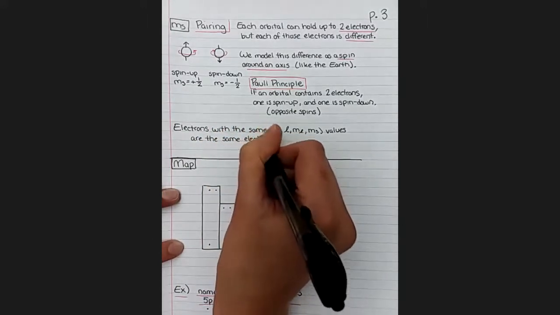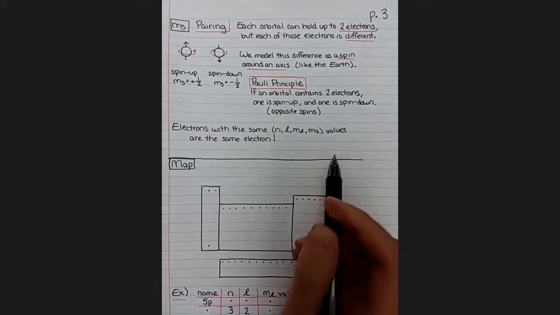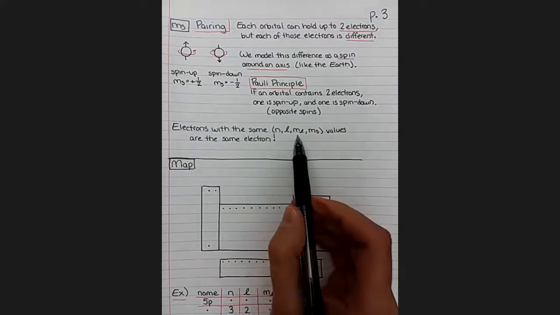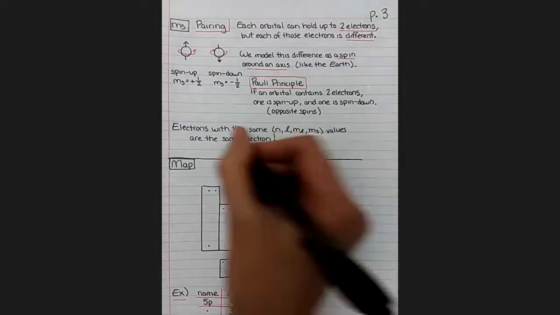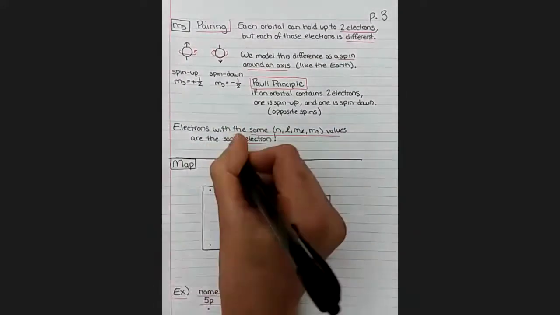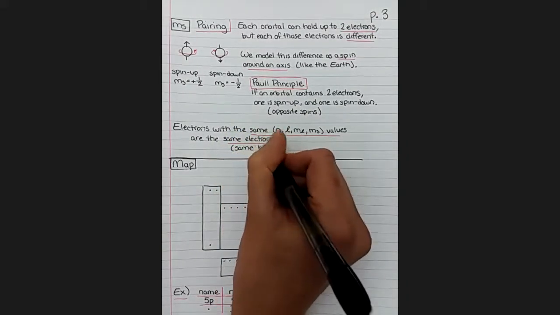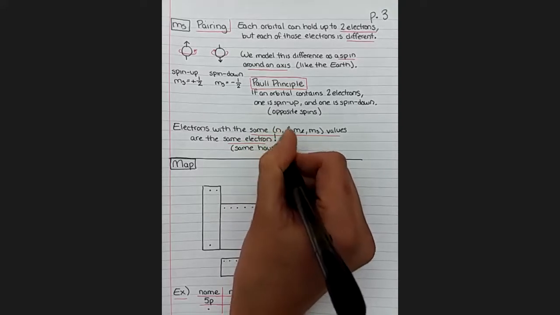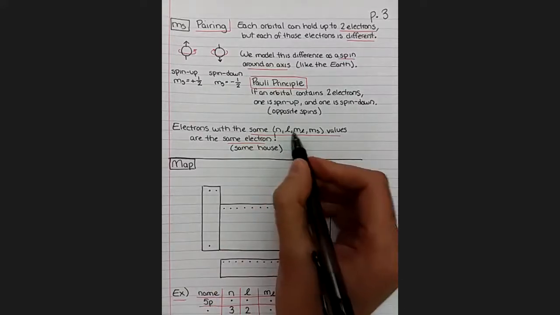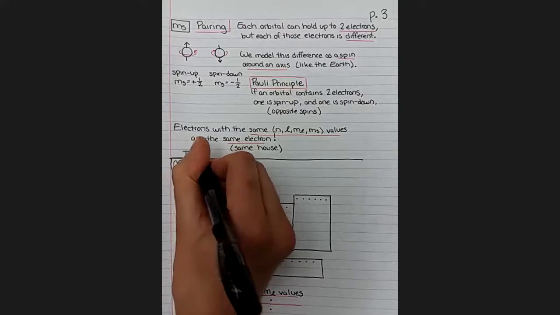They have the same energy, they have the same location, they have the same orientation, they are the same electron. This address can only describe one electron. So this is where maybe our analogy about the street address breaks down a little bit, because in this analogy, only one person can live in a house. Same house, same electron. So if you have the same 4 quantum numbers, you have the same quantum address.